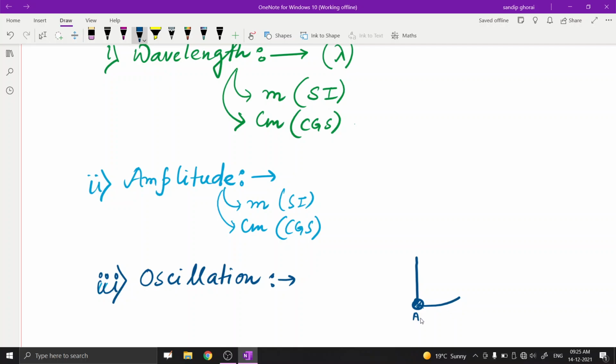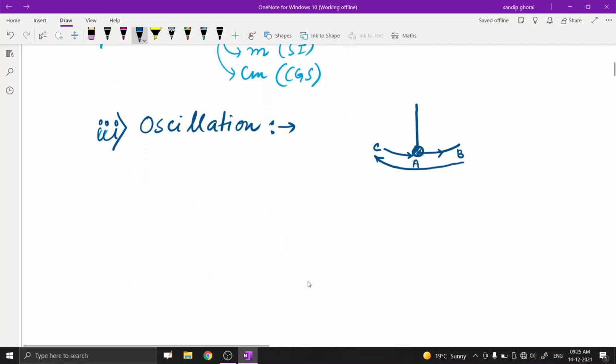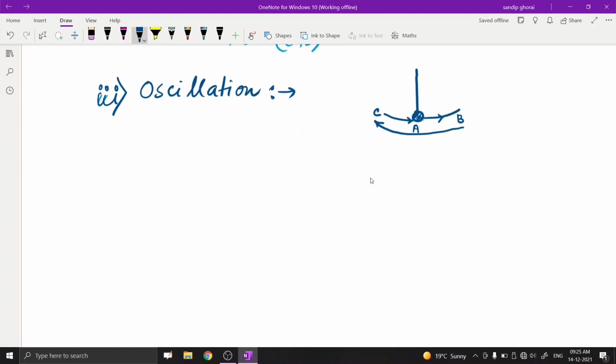It travels from point A, the mean position, to the extreme point B, and from B the pendulum comes back to A and travels to point C, the left extreme point. After covering the distance, the pendulum comes to its original position A. So the pendulum completes one to and fro motion, and this motion is called one oscillation. This is the definition of oscillation: when a body or particle completes a to and fro motion about its mean position, it is known as one complete vibrating cycle or one oscillation.